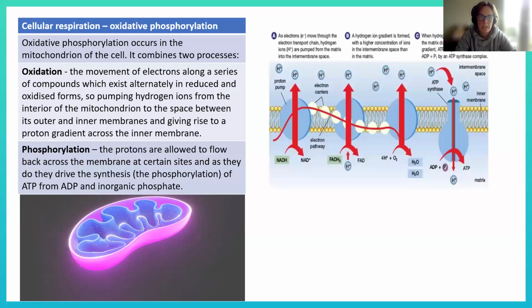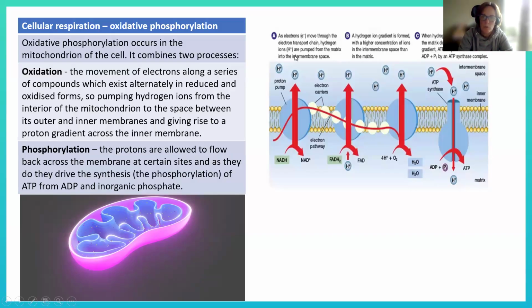But there's an end part where oxygen is called the final electron acceptor. And that's why we need this oxygen that we breathe in, to accept these electrons. So what's happening is we've got electrons moving through this electron transport chain. I'm going to show you a little video of that in a minute.